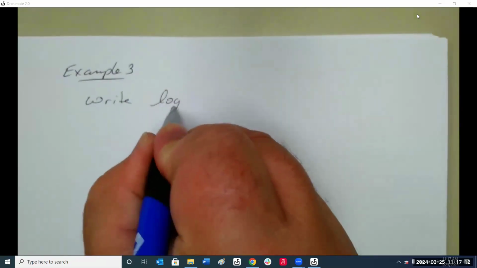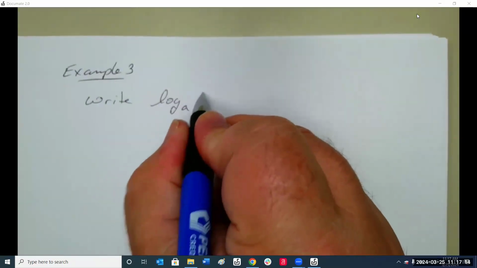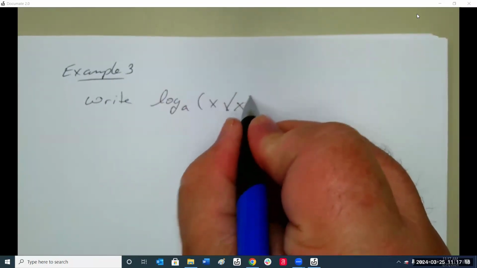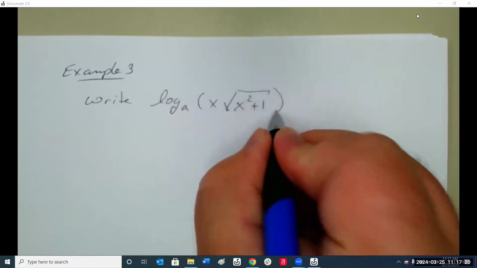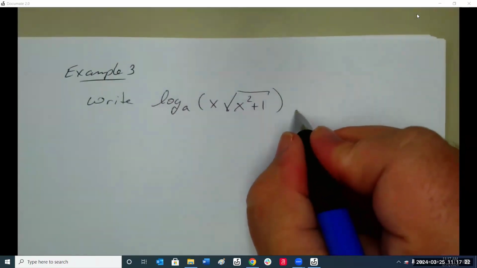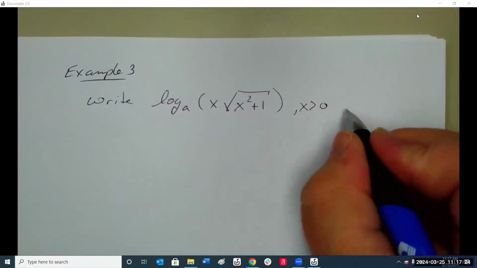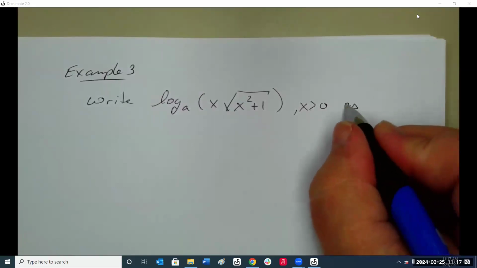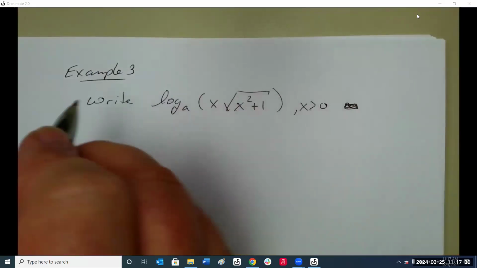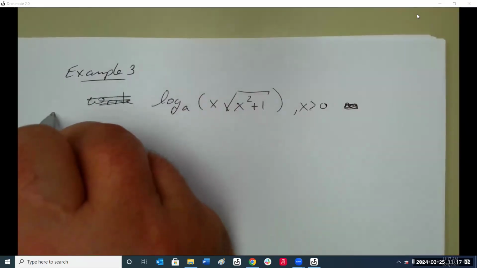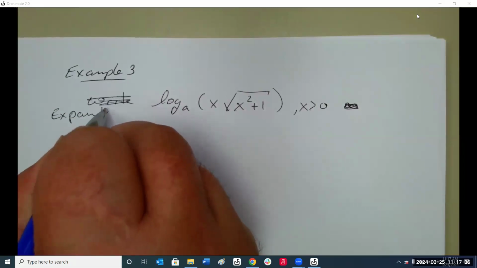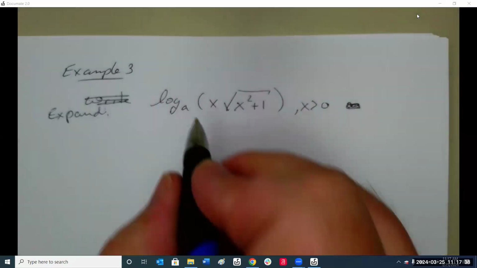Log base a of x times radical x squared plus 1, where x is positive. I should say expand. Expand that function.